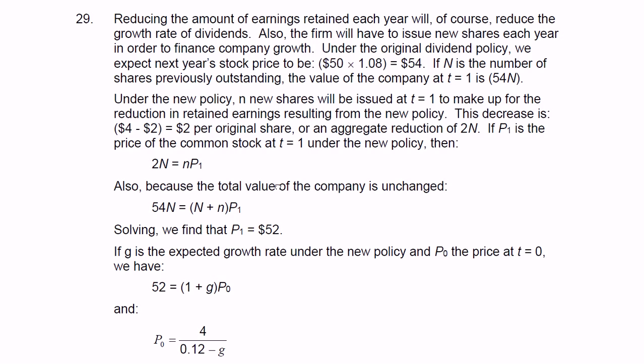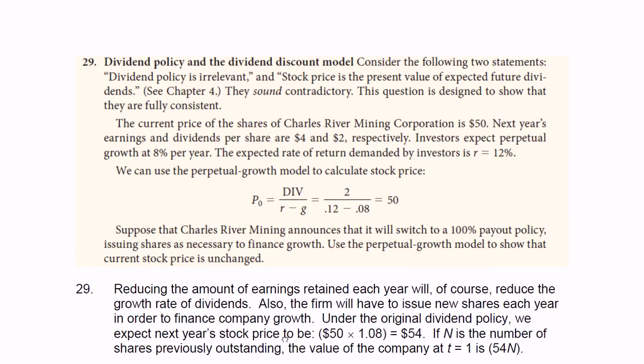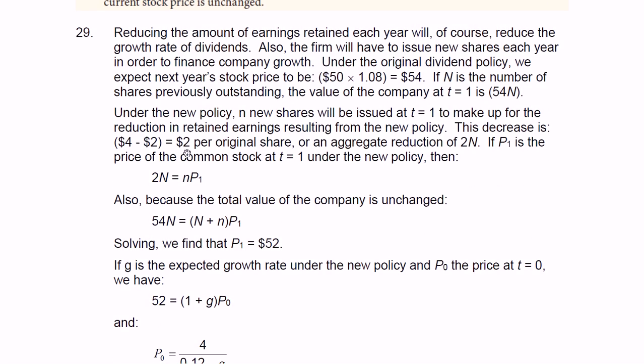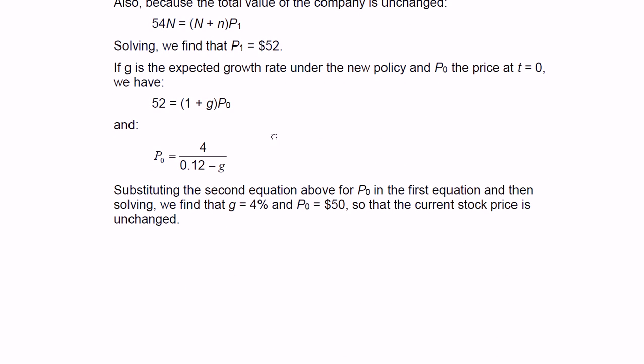So the most important part in this question is: why are these two statements consistent? Because the firm issues new stocks to finance its new payout policy. So that's all for the 3 chapters. Thank you.